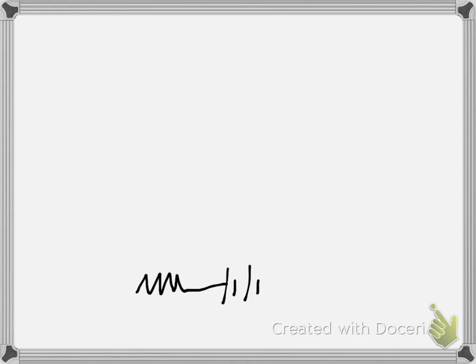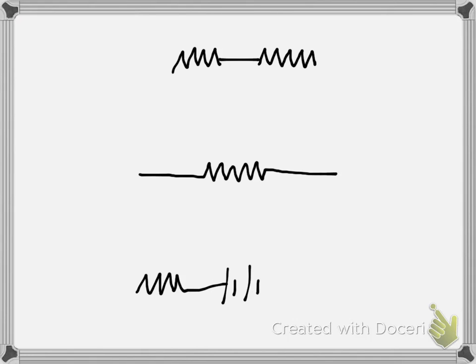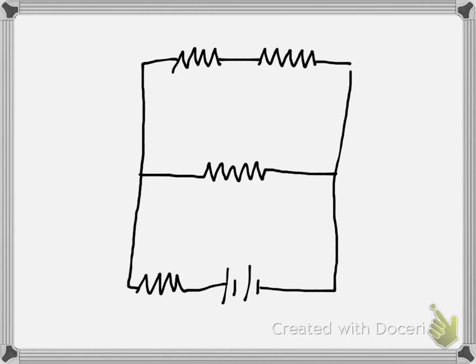So we have a resistor here, and then we have a resistor here, and we have the 2 up here. So we have this circuit. Now, I'm not going to put in the numbers, I'm just going to call this R1, R2, R3, and R4.